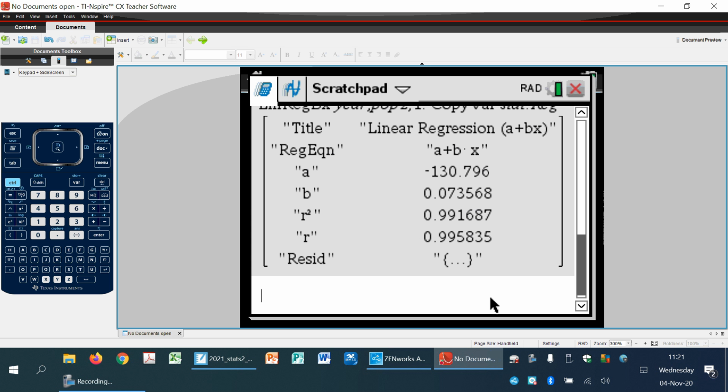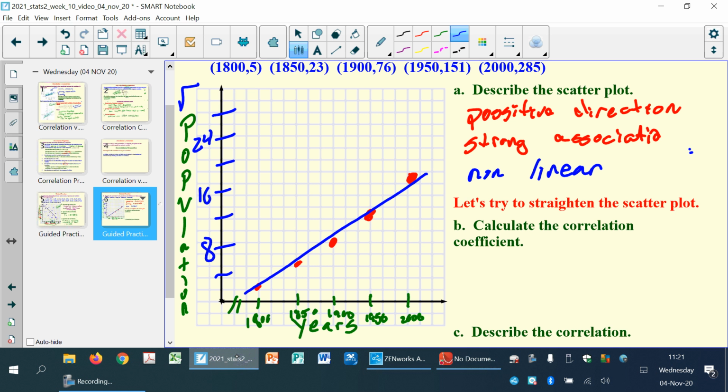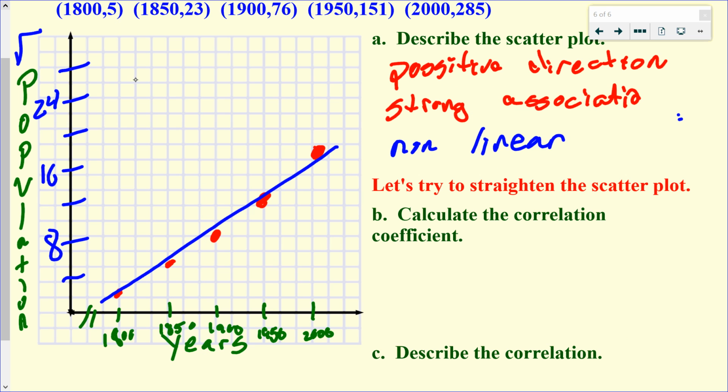Okay, and we see a very strong correlation, which shouldn't come as a surprise, about 0.995. So we now know that the R value for this one is 0.995.